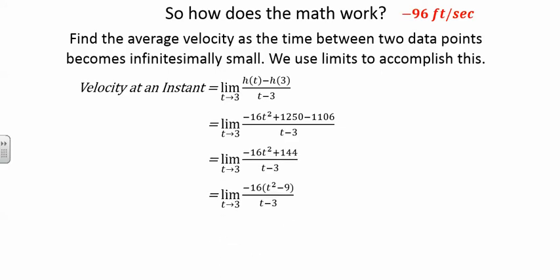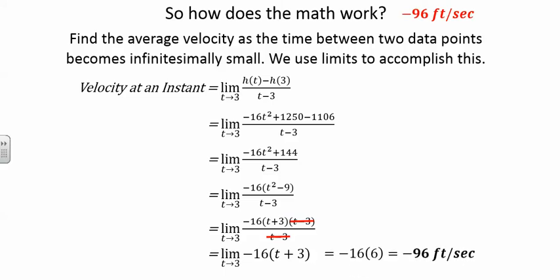When we factor the numerator and cancel factors with the denominator, we end up with -16 times the quantity t plus 3. Since we want t to get closer and closer to 3, we can now just set it equal to 3 because there's no more denominator and we don't have to worry about the denominator becoming 0 anymore. When we simplify, we get exactly -96 feet per second.